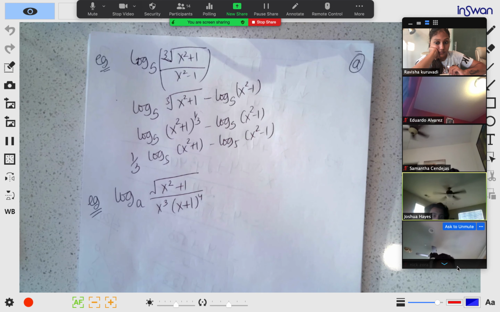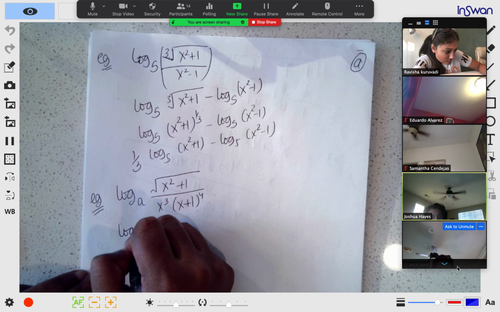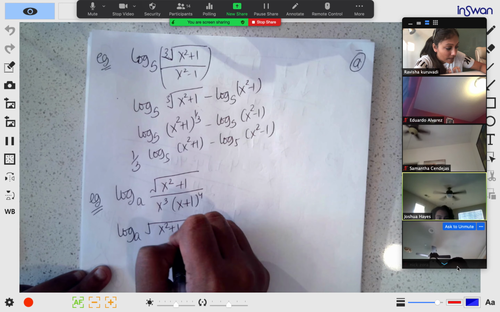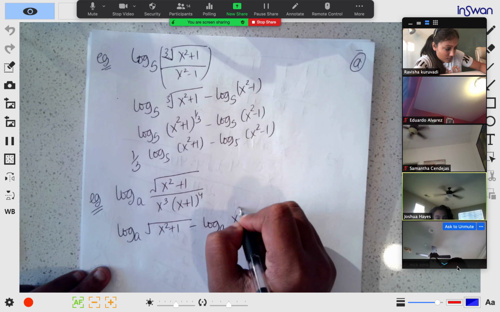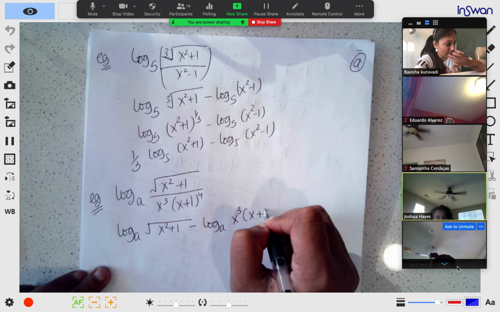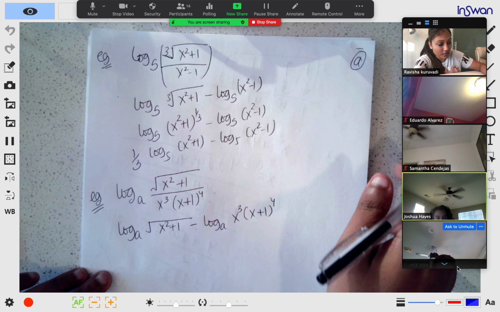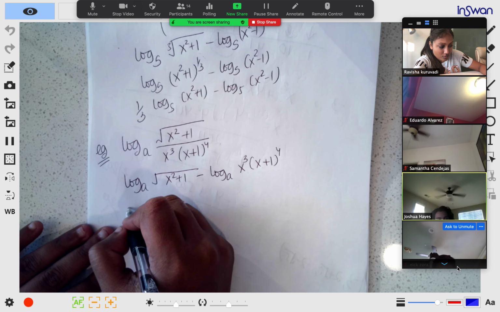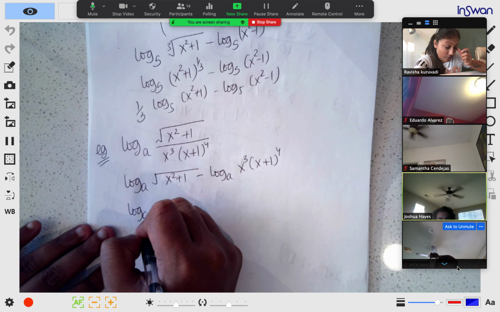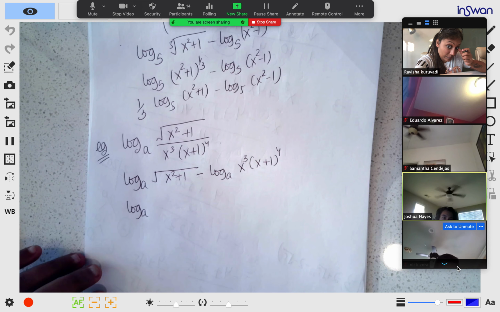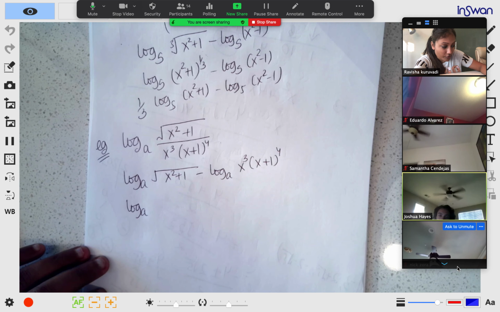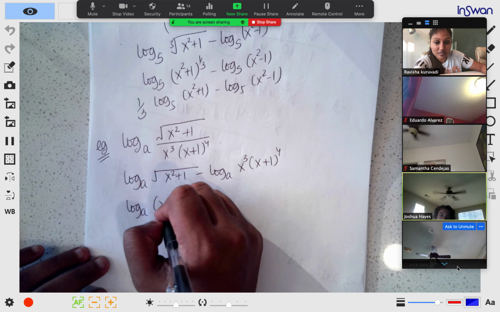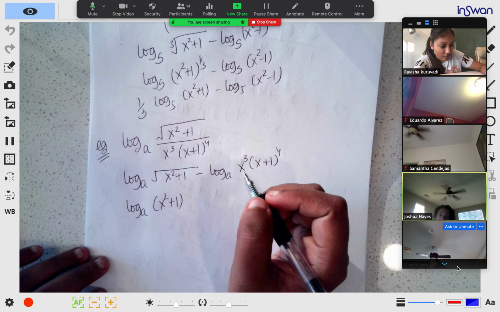So it'll be log a square root x squared plus 1 minus log a x cubed times x plus 1 to the power of 4. Okay, perfect. Try to expand it. What does the square root of x squared plus 1 become? It'll be to the power of 1/2. Perfect.